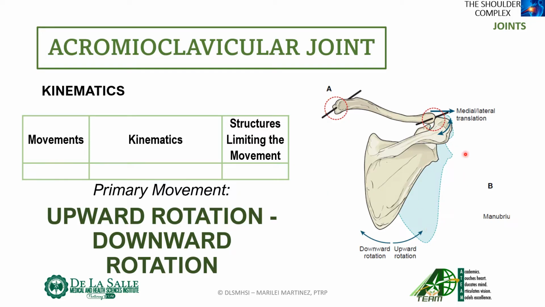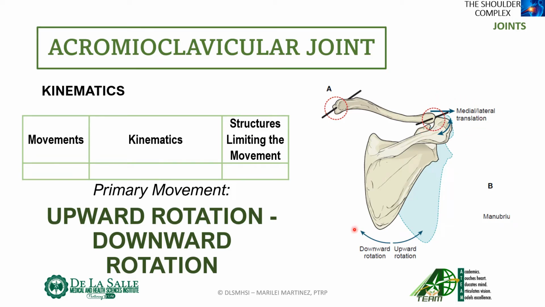This motion occurs as a natural component of abduction or flexion of the shoulder, meaning if you perform glenohumeral joint flexion or glenohumeral joint abduction, there will be upward rotation of the scapula at the acromioclavicular joint.